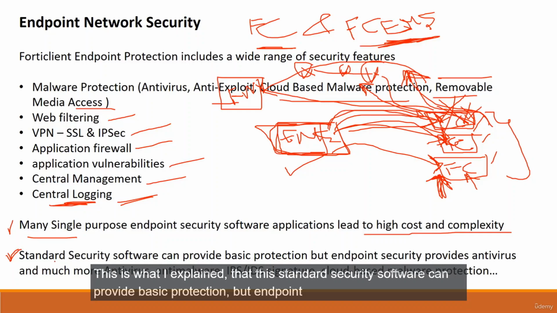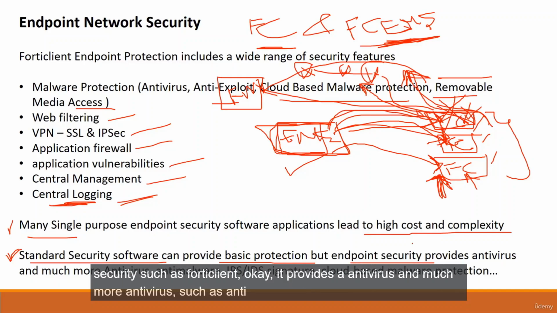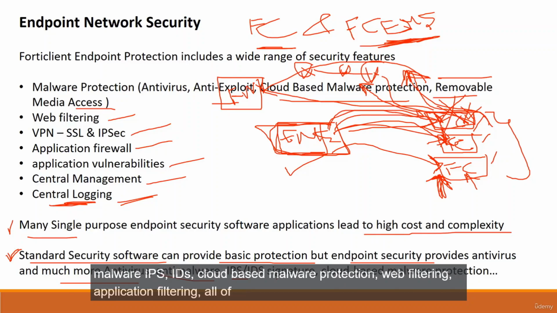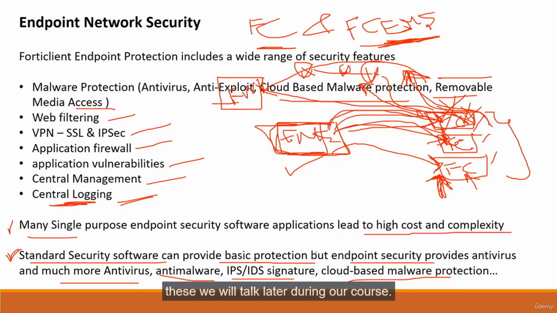This is what I explained: standard security software can provide basic protection, but endpoint security such as Forticlient provides antivirus and much more, such as anti-malware, IPS, IDS, cloud-based malware protection, web filtering, and application filtering. All of these we will talk about later during our course.